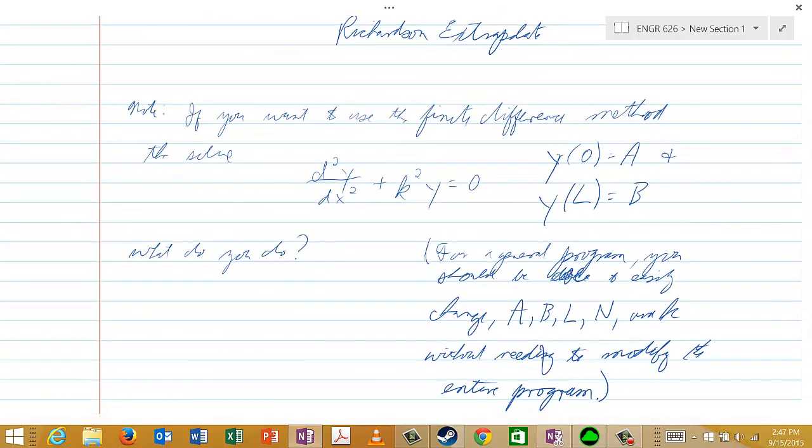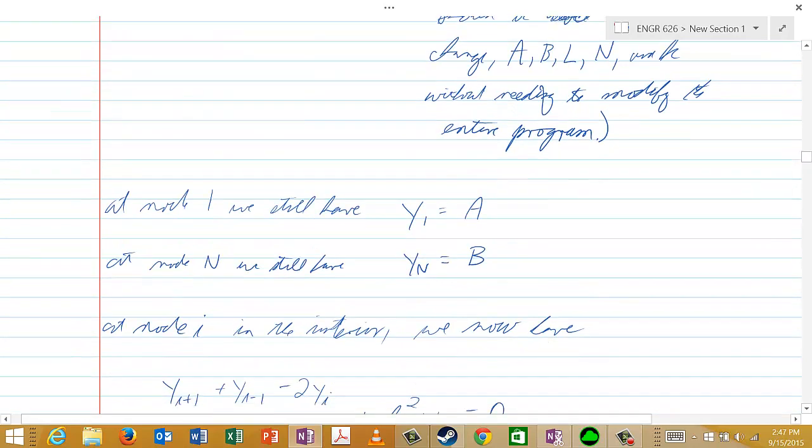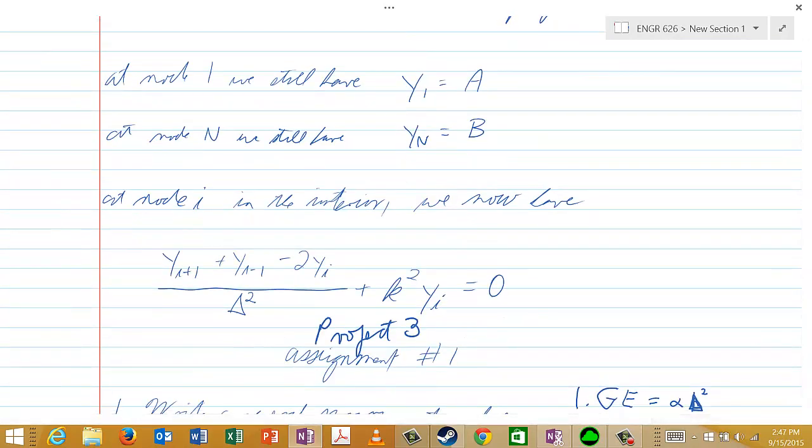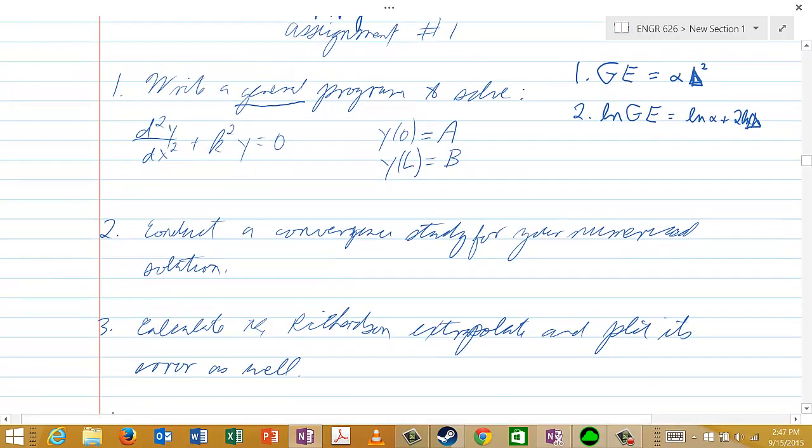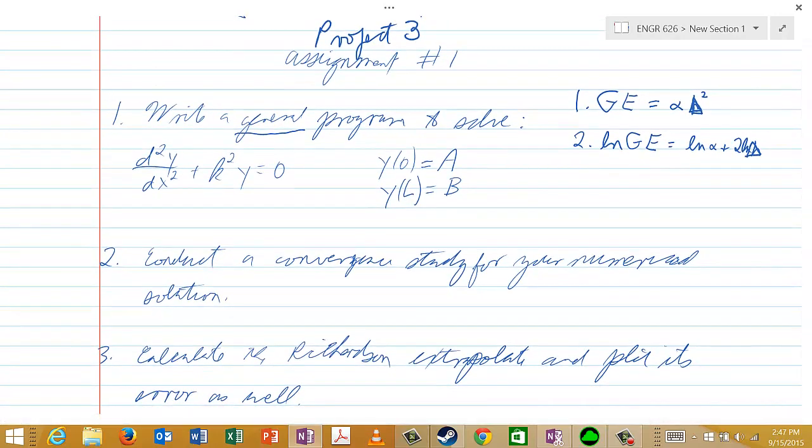So we can skip over this part, and now the next part of project 3 will be to do the Richardson Extrapolate.